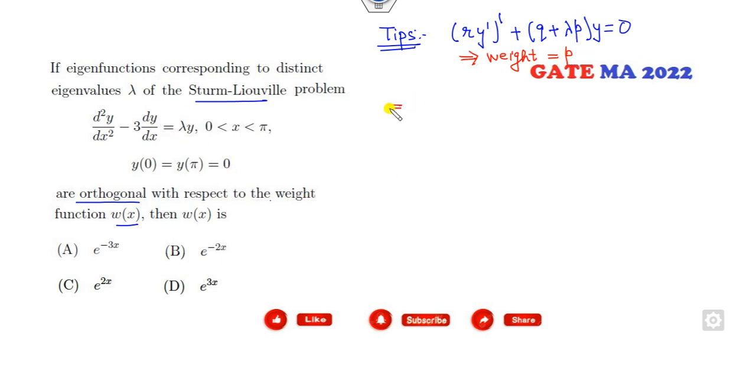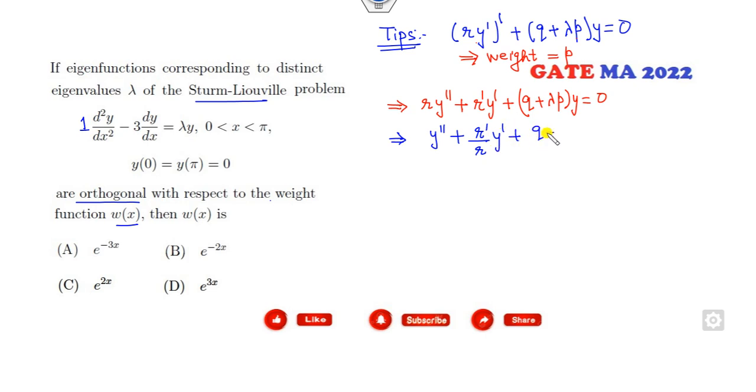So I can firstly write this equation here: y'' + (r'/r) y' + (q + λ p)/r times y is equal to 0. Now you can see the coefficient of this is 1, so I can make them to be 1.